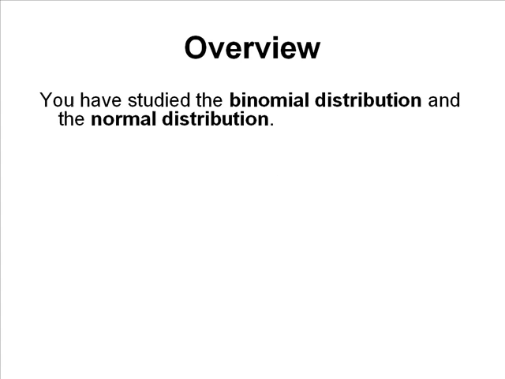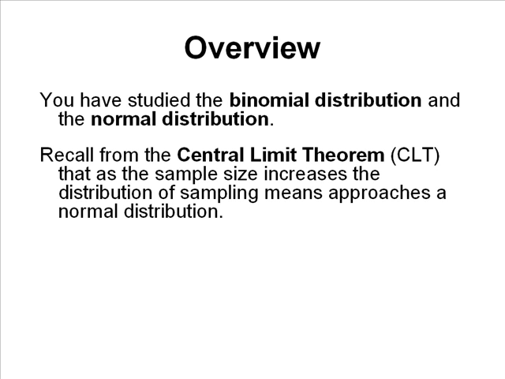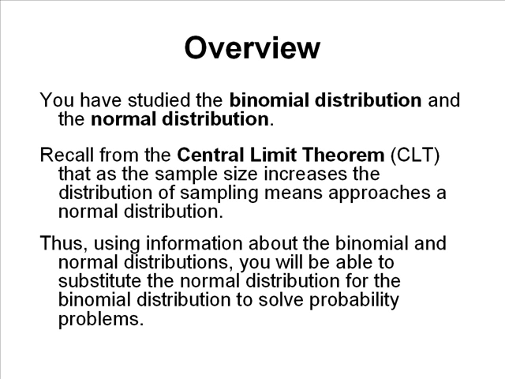You have already studied the binomial distribution and much of the normal distribution. Recall from the central limit theorem that as the sample size increases, the distribution of sampling means approaches a normal distribution. Thus, using information about the binomial and normal distributions, you will be able to substitute the normal distribution for the binomial distribution to solve probability problems of the type probability x equals a value.